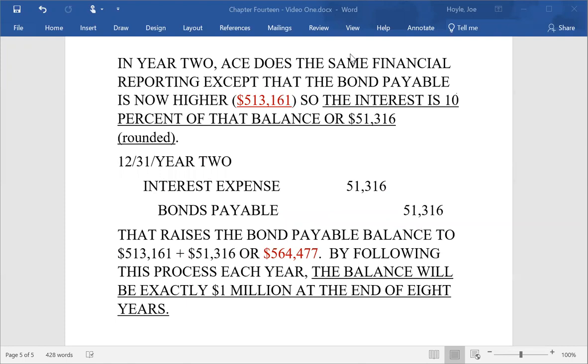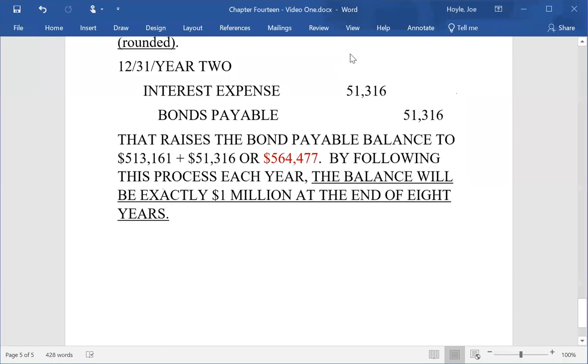So if you're going to pay $1 million and you take out through present value interest of 10% per year for 8 years, and then as time passes, you put the interest back in, you're going to wind up at the same place. And that's at the $1 million figure in that case.